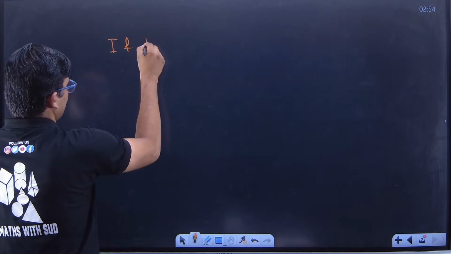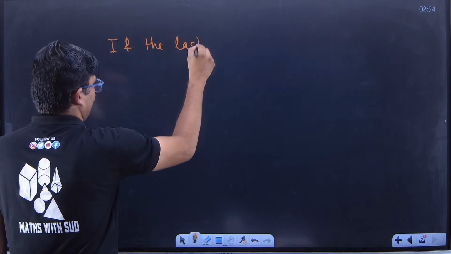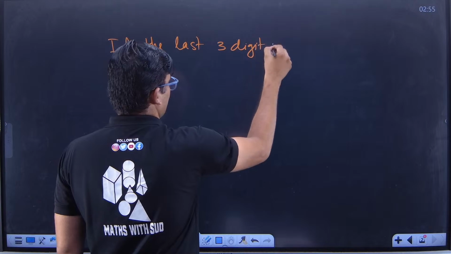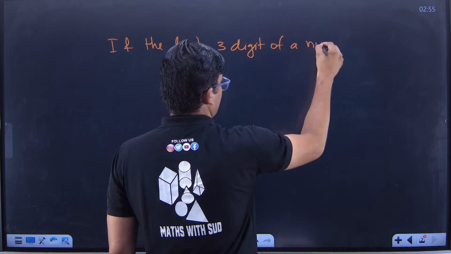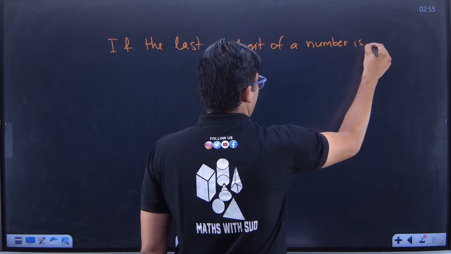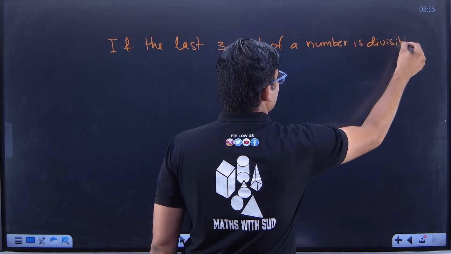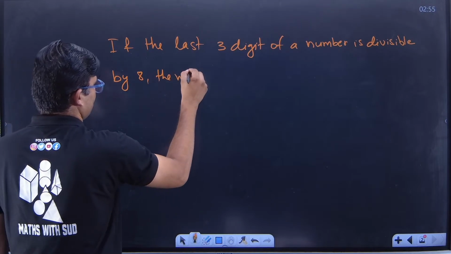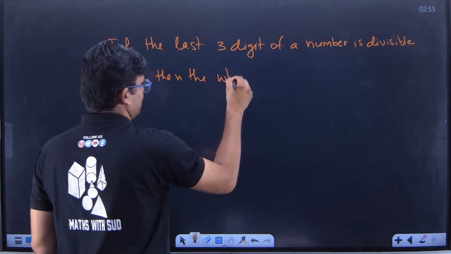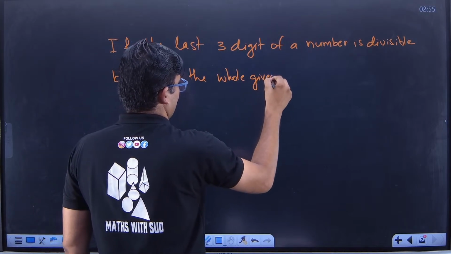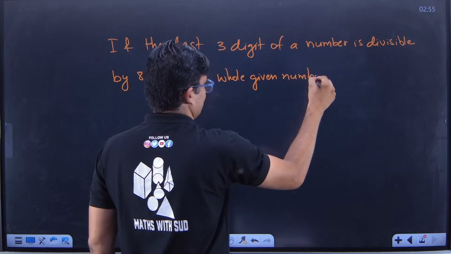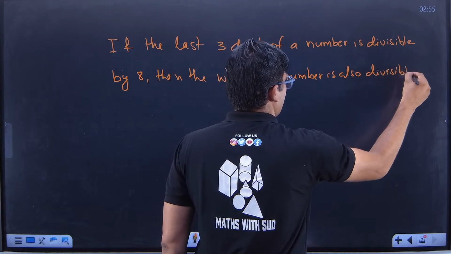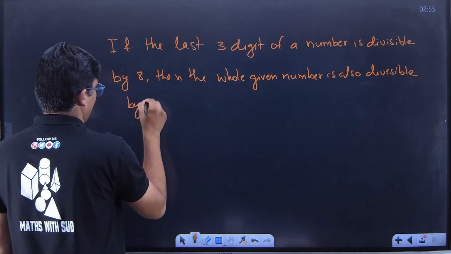If the last three digits of a number are divisible by 8, then the whole given number is also divisible by 8.